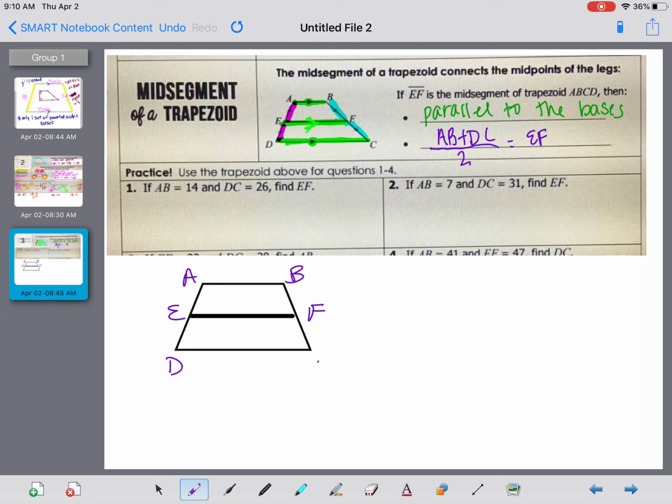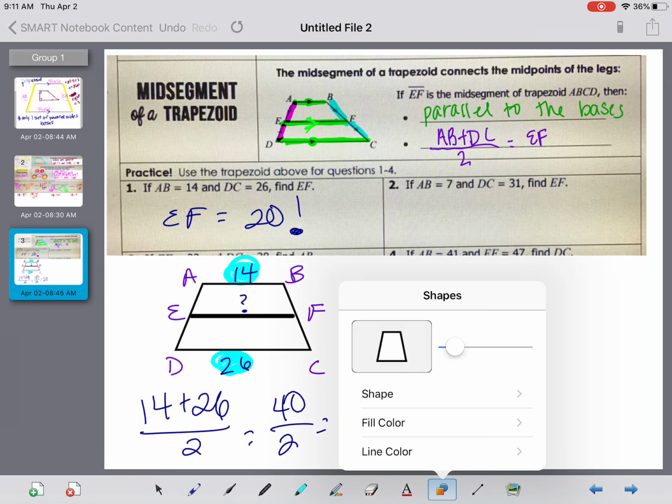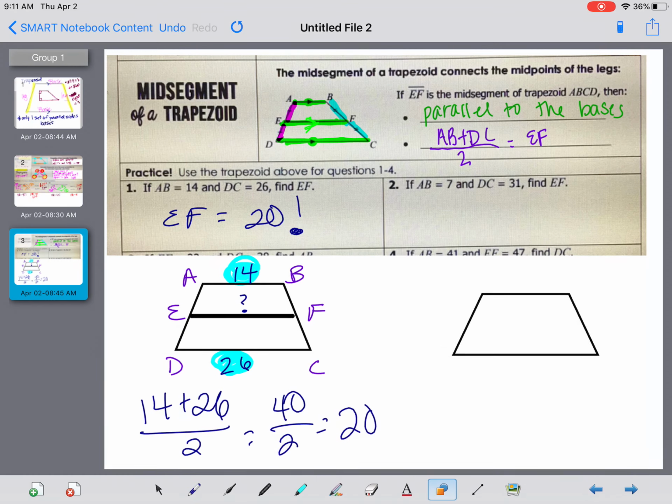It says that we're using the above trapezoid, so that means that this is A, B, E, F, D, C. Well, all we have to do is add together the bases and divide by 2. So 14 plus 26 divided by 2. That gives us 40 divided by 2, which is 20. So EF is equal to 20!